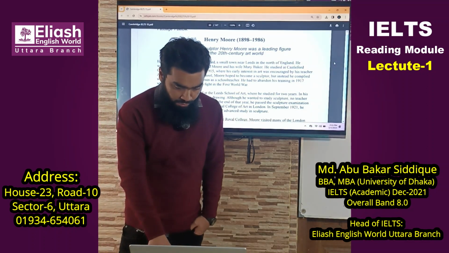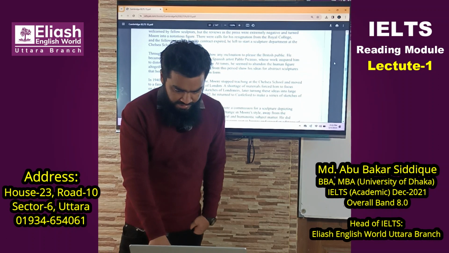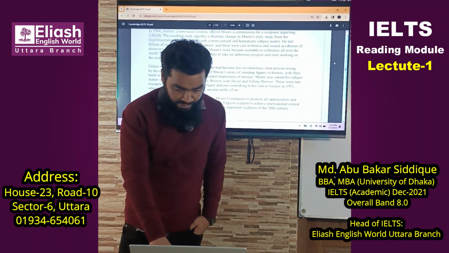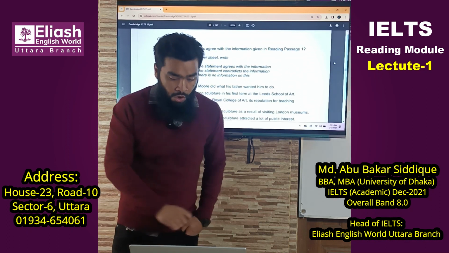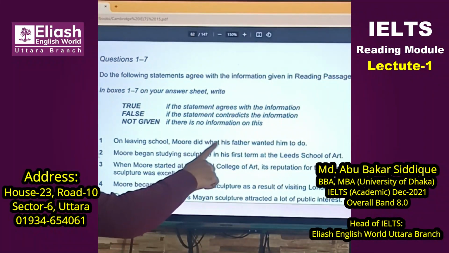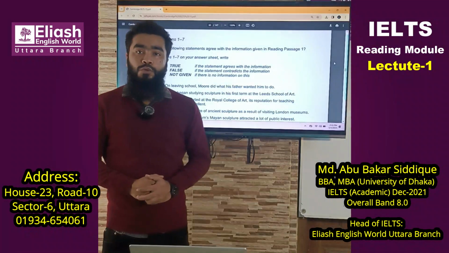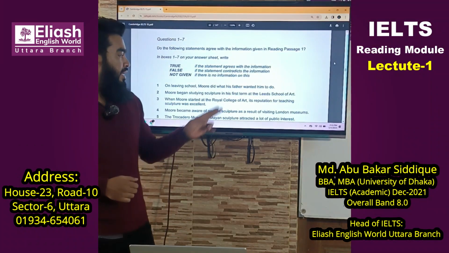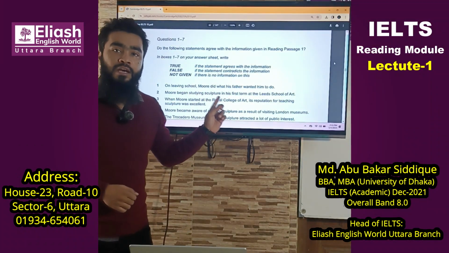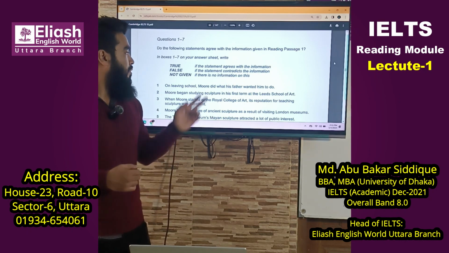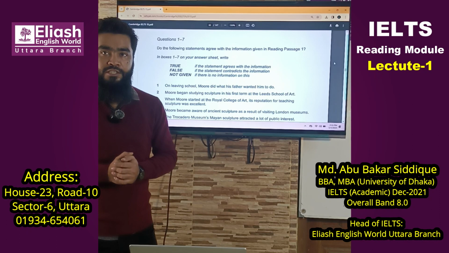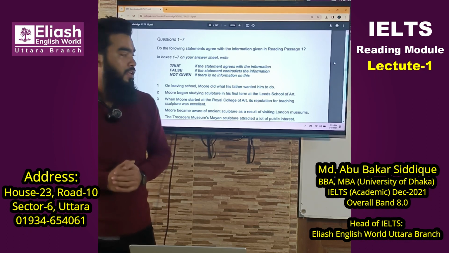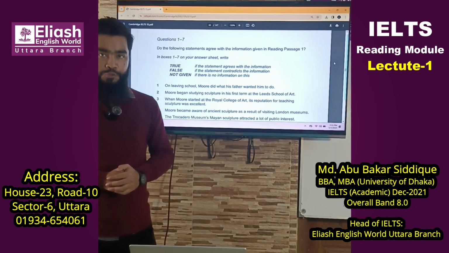So let's go back to the question and see if it agrees with the information given in the passage. On leaving school, Moore did what his father wanted him to do. So it is true because the information is agreeing with the question. When the question is agreeing with the information given in the passage, we'll mark it as true. So the first question's answer would be true.